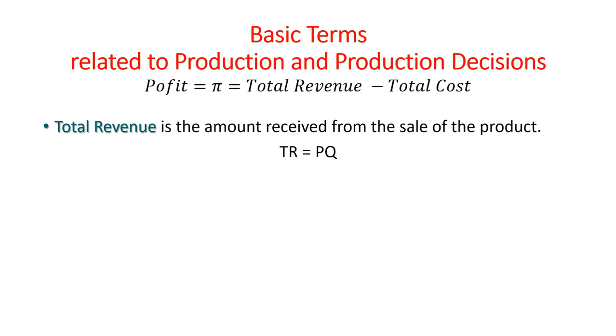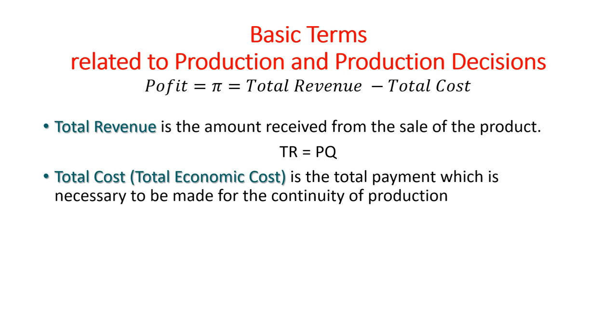Whereas total cost in economics is defined as the total payment which is necessary to be made for the continuity of the production process. That is, in economics, we do not define costs as only the payments or expenditures that are necessary to produce a commodity. We aim for the continuity of production.